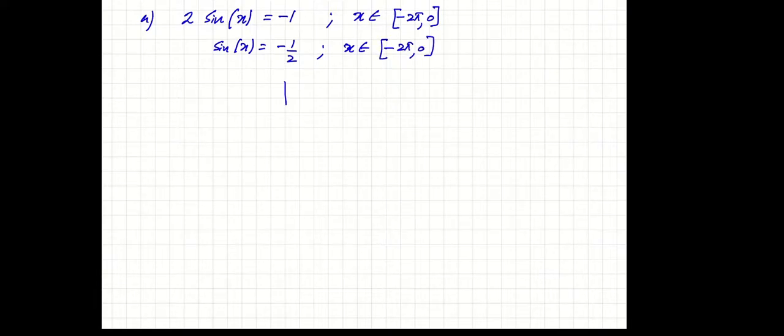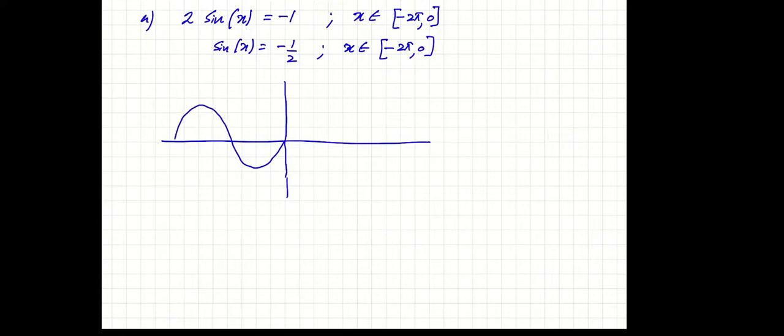So that you will have this here, -2π to 0, right? So -half is somewhere here. So how many solutions are you expecting? 1 here, 2 here, right?